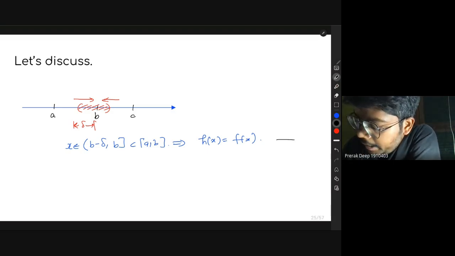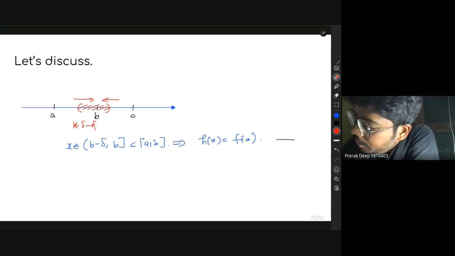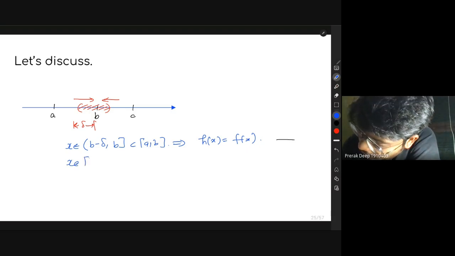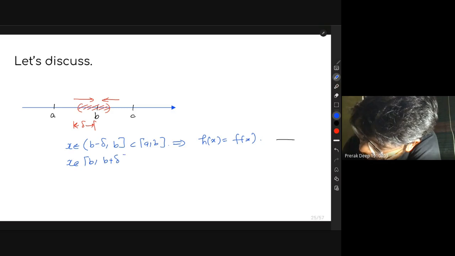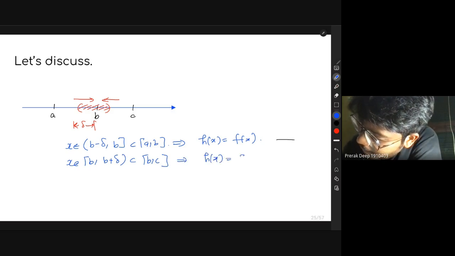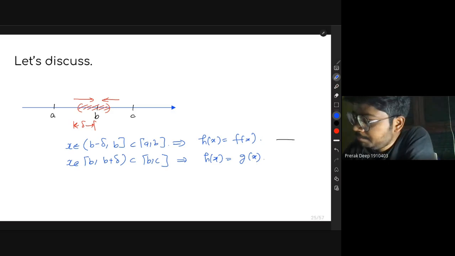When you take x from this interval, then it is part of this interval, making h(x) equal to g(x).